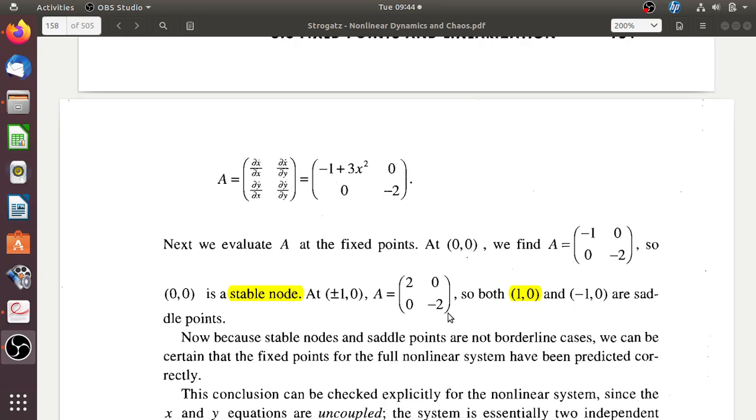From this we can easily identify that the determinant is negative. Once we know the determinant is negative, we can easily say that it's going to be a saddle point.